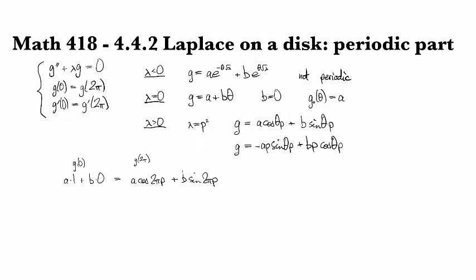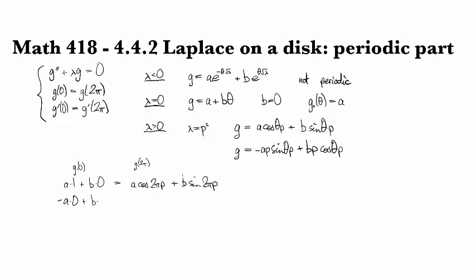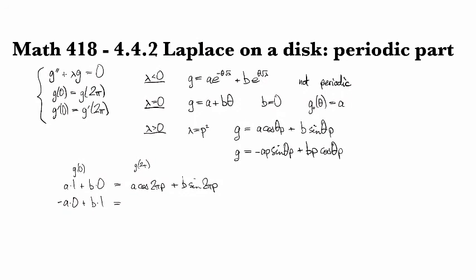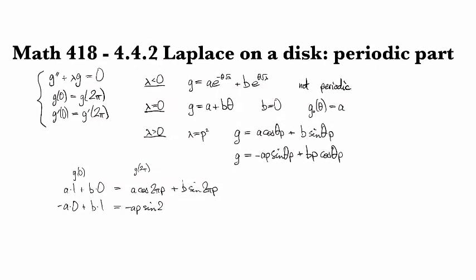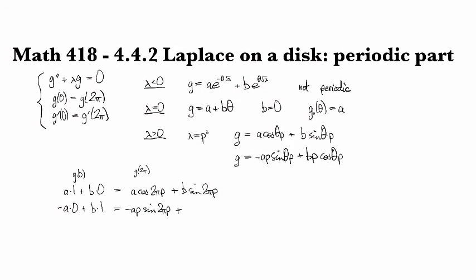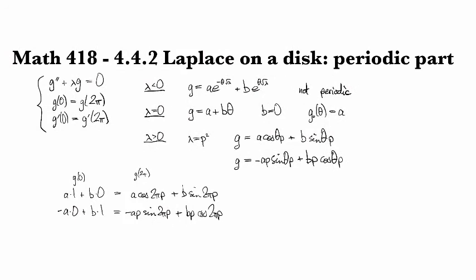Doing the same for the derivative, we get minus a times 0 plus b times 1 equal to minus a p sine 2 pi p plus b p cosine 2 pi p.